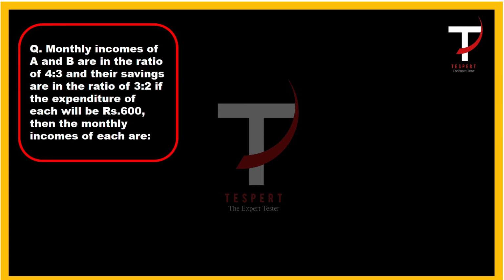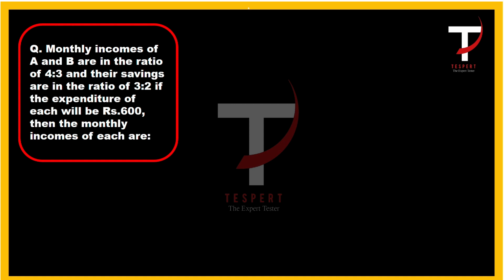So the monthly incomes of A and B are in the ratio 4 is to 3 and their savings are in the ratio 3 is to 2. If the expenditure of each, right, expenditure of A and B will be rupees 600, then the monthly incomes of each are, right?